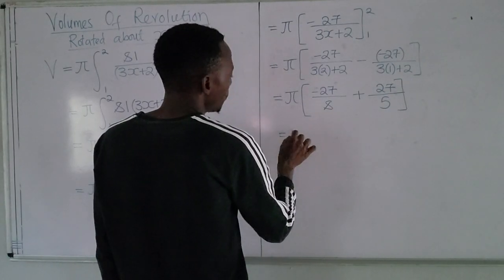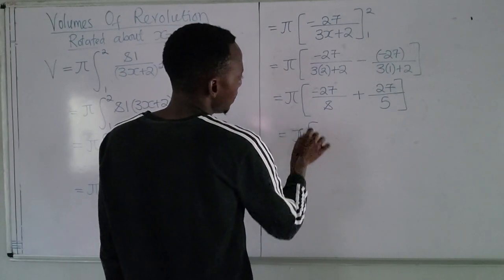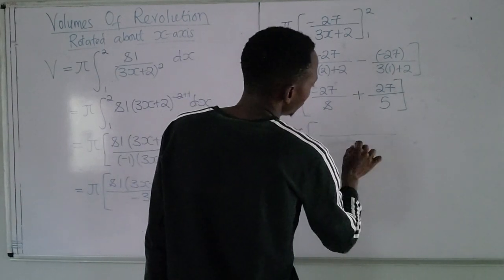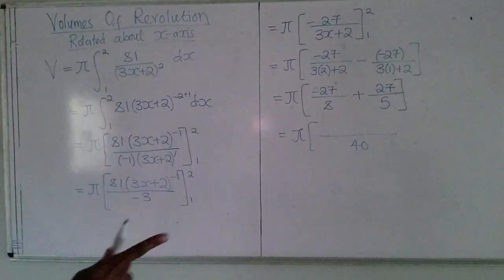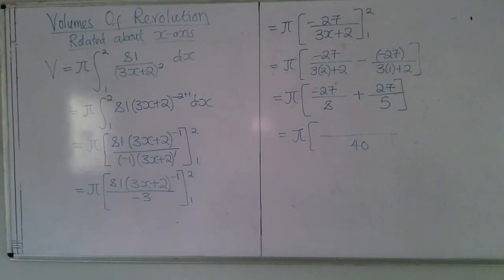So working out fractions, we look for a common denominator which is 40. 8 times 5 is equivalent to 40.